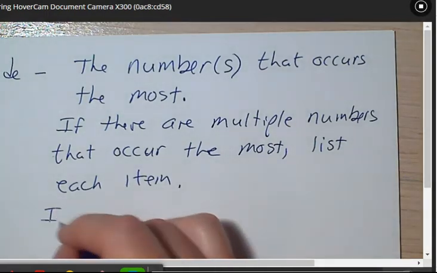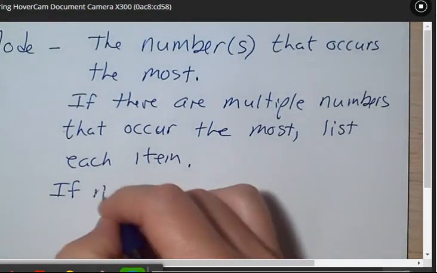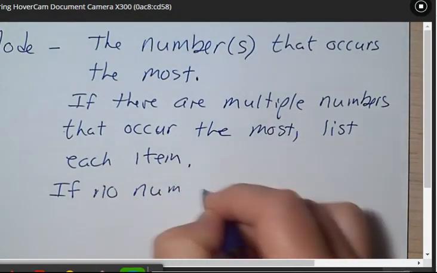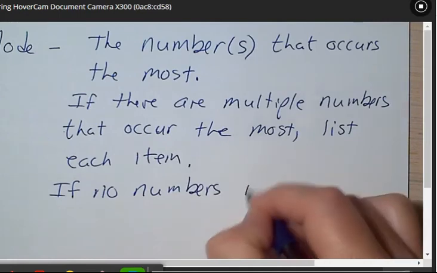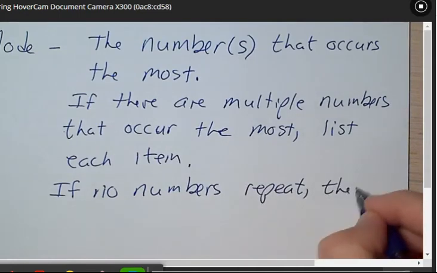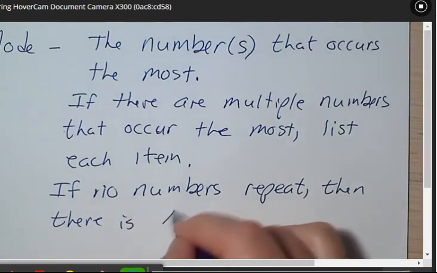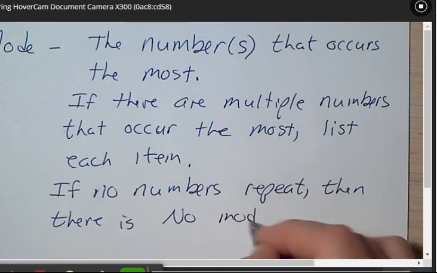Okay, and on the flip side, if there are no numbers that repeat, then there is no mode. Don't put 0 for that one, because no mode means there's nothing that occurs.